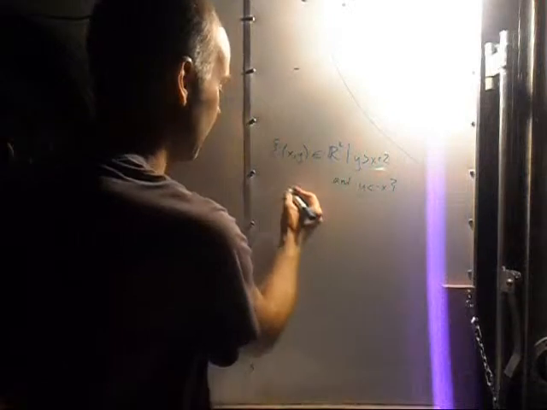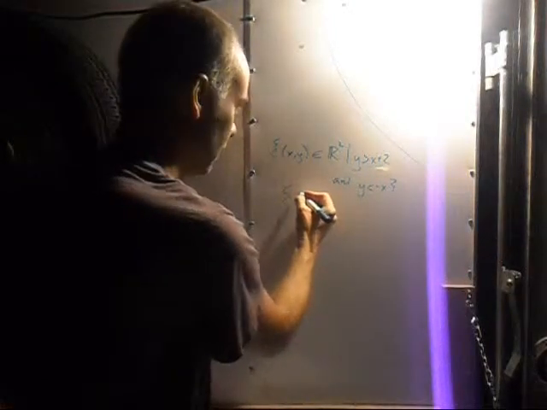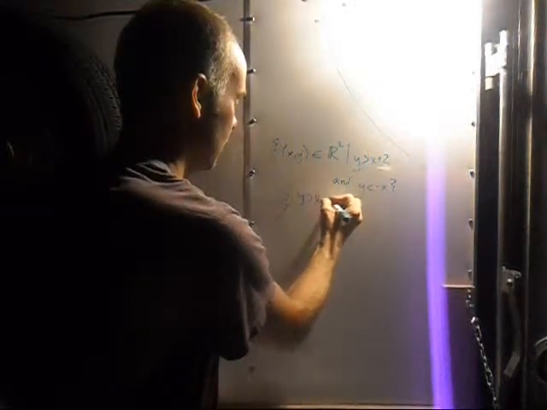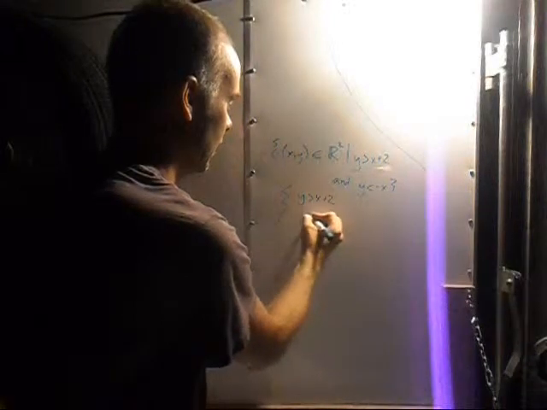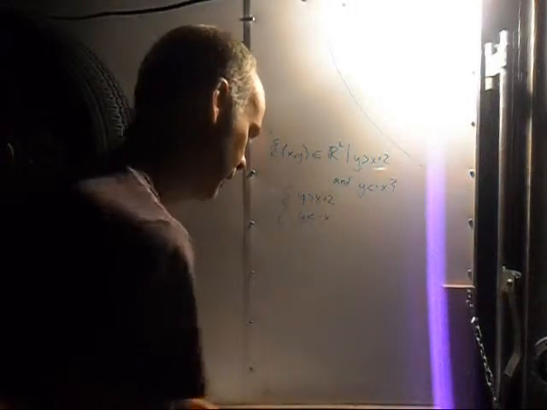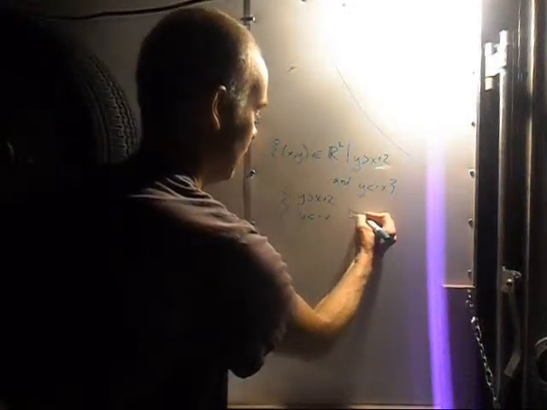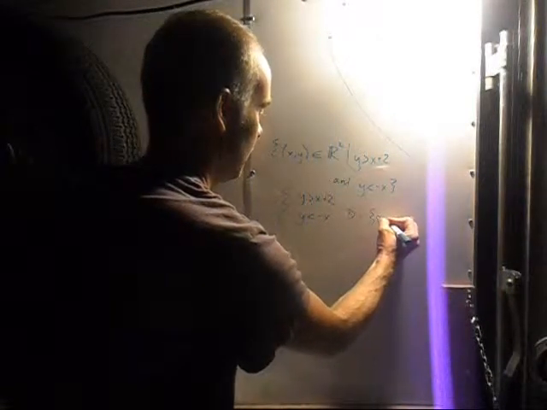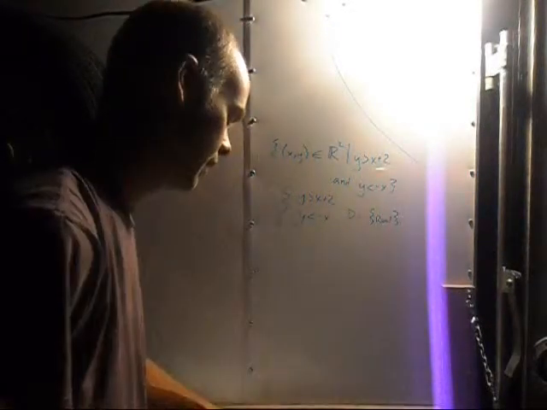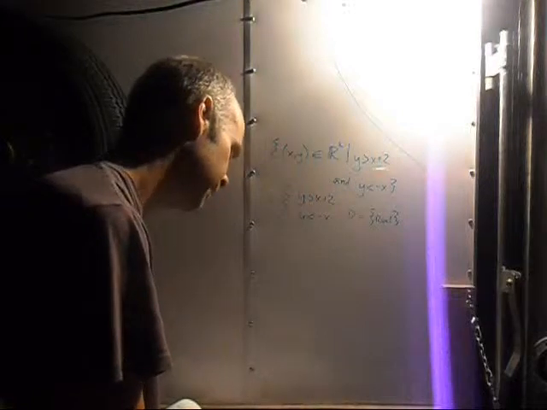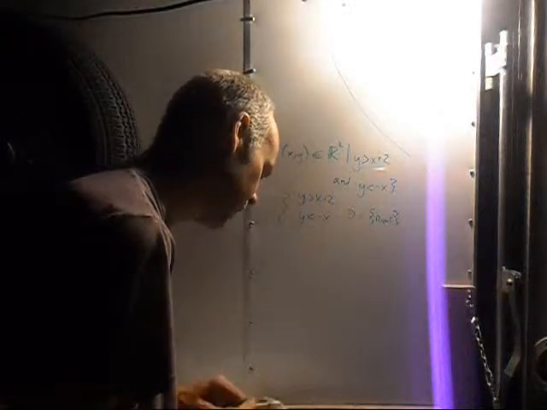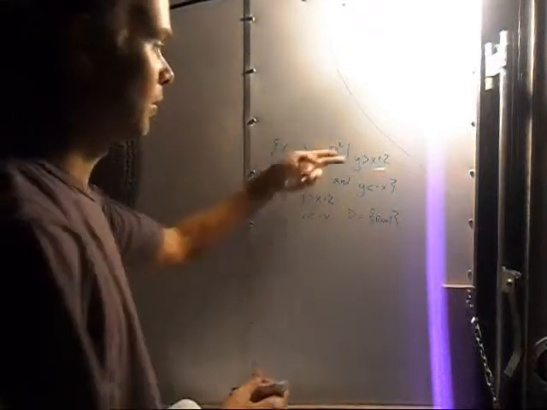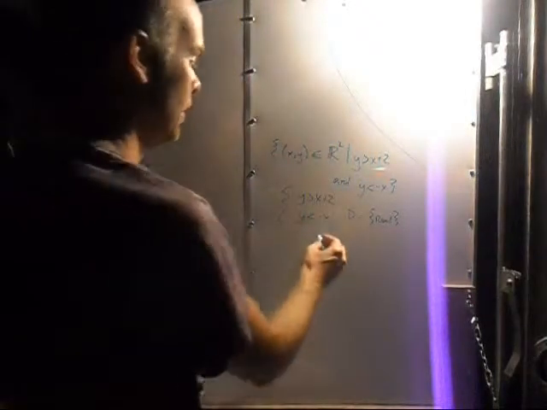So previously we'd write it something like this: y greater than x plus 2 and y less than minus x, where the domain is reals.